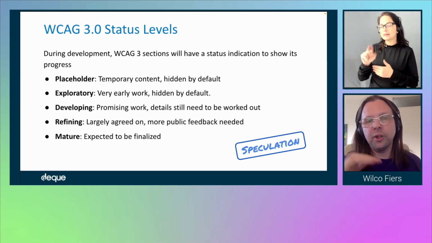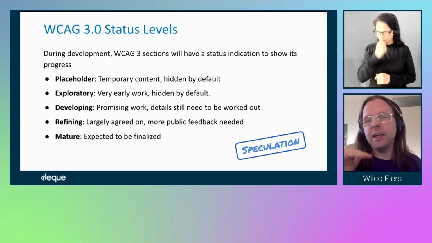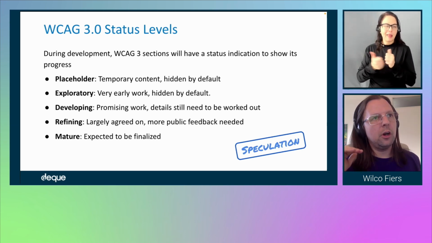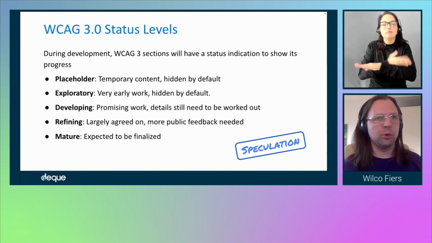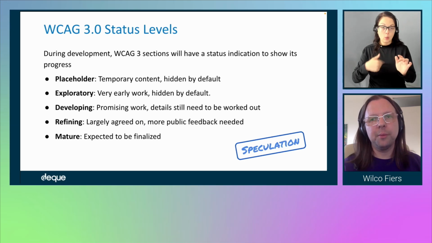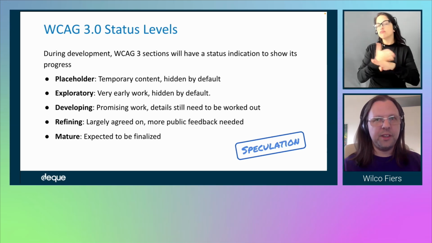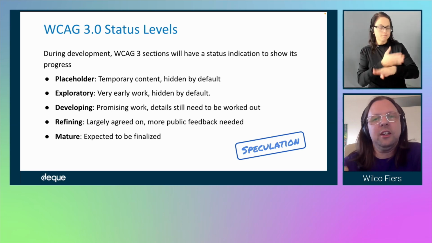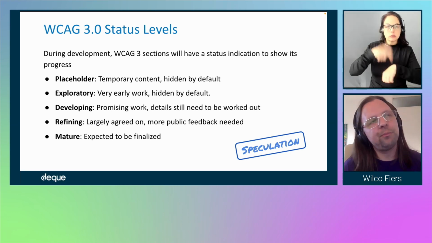We will, for each section in WCAG 3, indicate how far along we think it is. So this is just while we're writing, we're going to indicate to you how much progress we've made on this, how far we think it is, so that you're going to have an easier time assessing, should I be using this? How seriously should I be taking this?